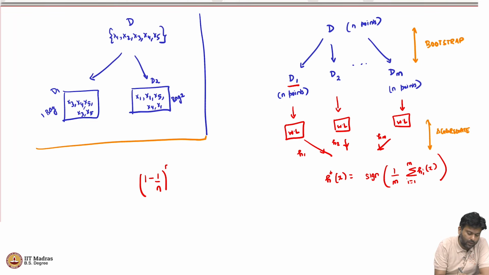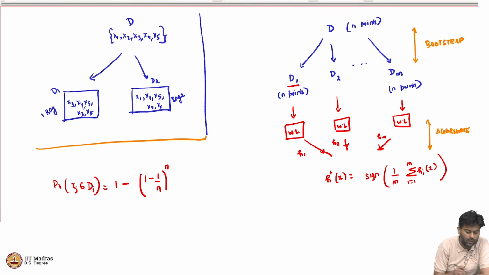Well, that probability is 1 minus 1 by n times 1 minus 1 by n, n different times, because these are independent trials and n different times I am missing it every single time. So, this is the chance that a point does not appear in this bag. So, what is the chance that it actually appears in the bag? Well, it would be 1 minus the chance that it does not appear, right. So, this is the probability that some x belongs to a bag Di.